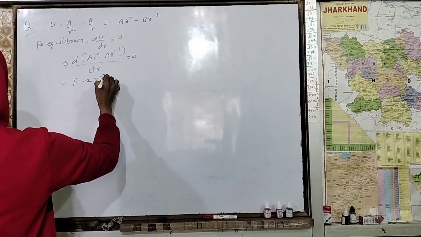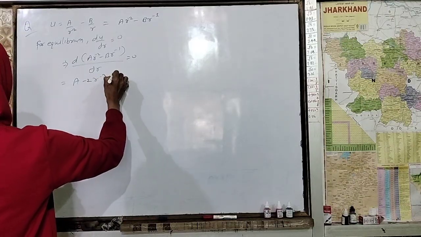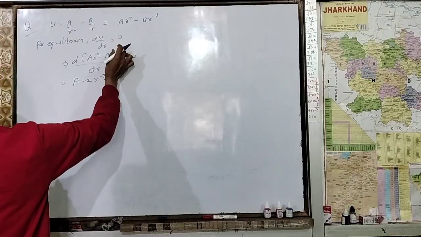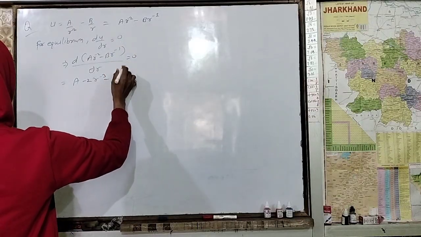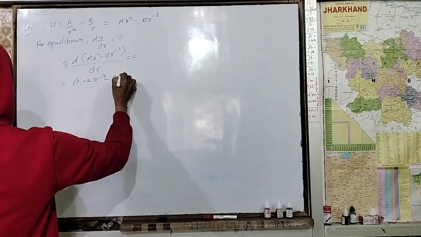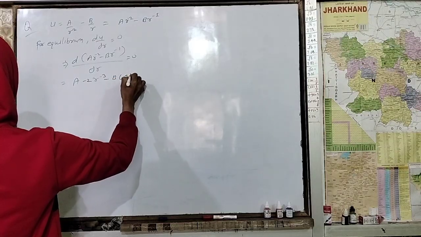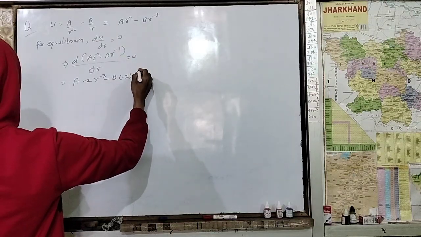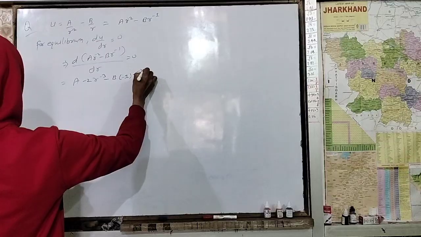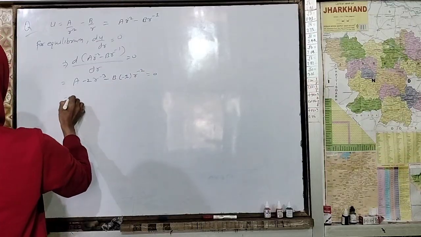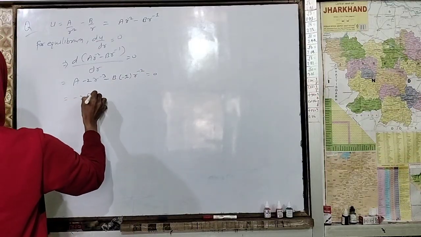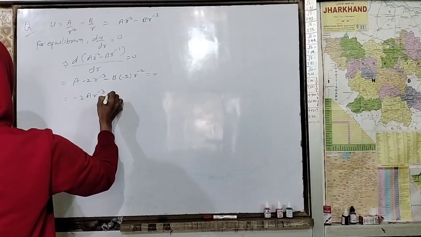Then we have minus B times minus 1, R raised to power minus 1 minus 1, which is minus 2. So −2AR⁻³ + BR⁻² is equal to 0.